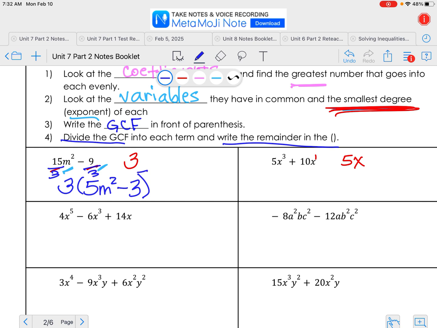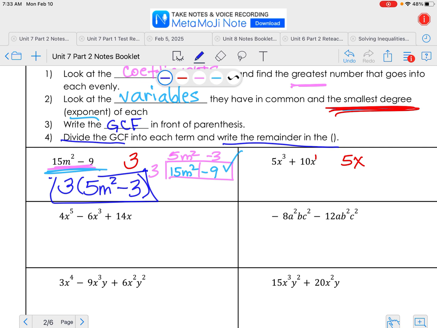So this is the factored form of the original. So I can always check it, because if I did this right, then if I multiply 3 times 5m squared minus 3, I should get what I started with, 15m squared minus 9. Is that the same? Yes. So you can always check your answer.